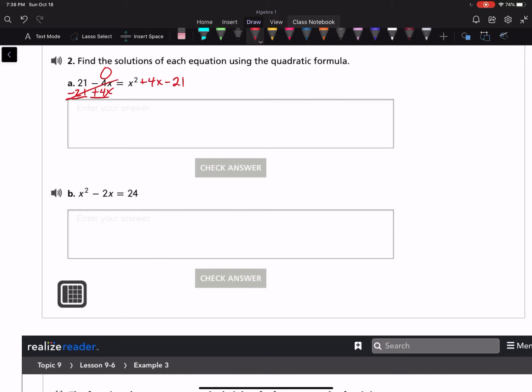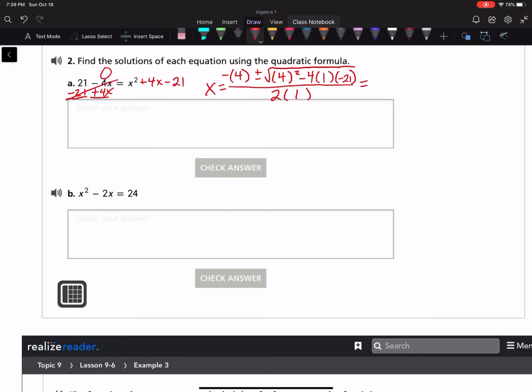So that's going to be x equals negative b plus or minus the square root of b squared minus 4 times a times c, all over 2 times a. Okay, so in my problem, b is positive 4, a is 1, and c is negative 21.